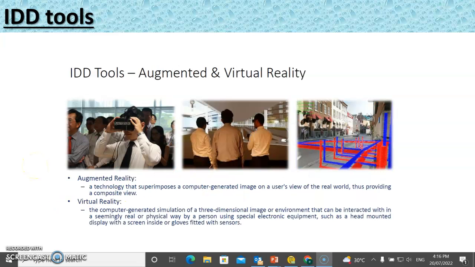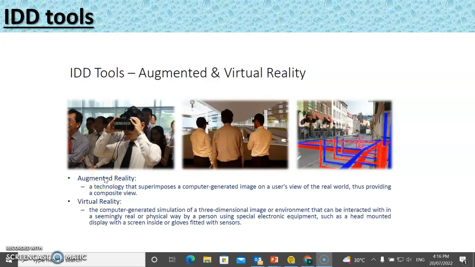Besides the mobile phone and tablets, we can also make use of virtual reality and augmented reality, or a combination of virtual and augmented reality. We call it mixed reality, as a form of ICT tool to enable us to use the IDD approach.